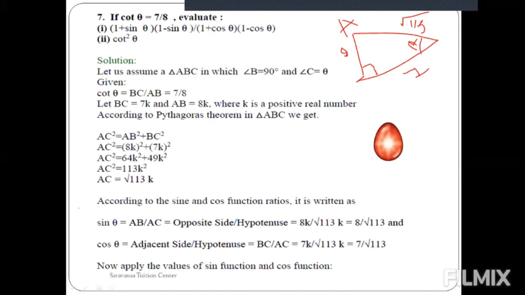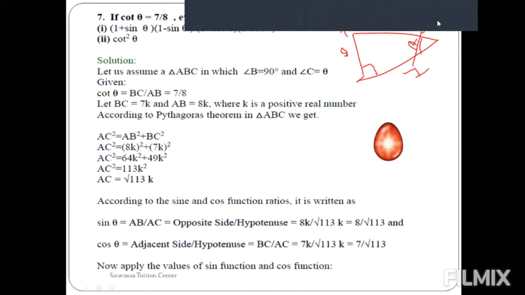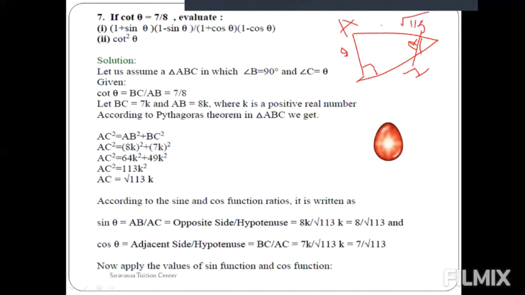So sine theta equals opposite by hypotenuse, that is 8 by root 113. So 1 plus 8 by root 113 into 1 minus 8 by root 113 by 1 plus cos theta into 1 minus cos theta. Cos theta means adjacent by hypotenuse, that is 7 by root 113.